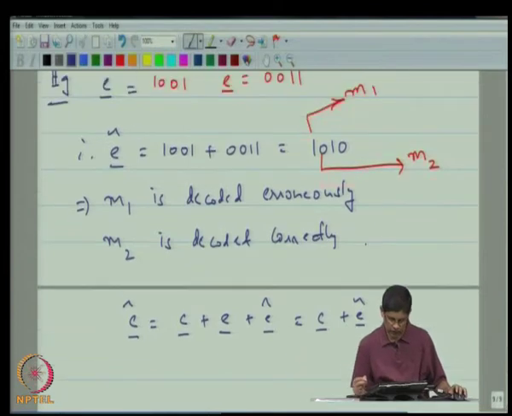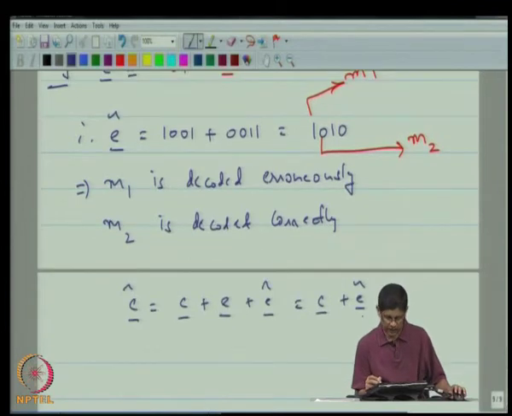Okay. So, that is the reason why I am saying that whether the first two message symbols are correct or not is determined by the first two symbols in E hat, E tilde, because of this.